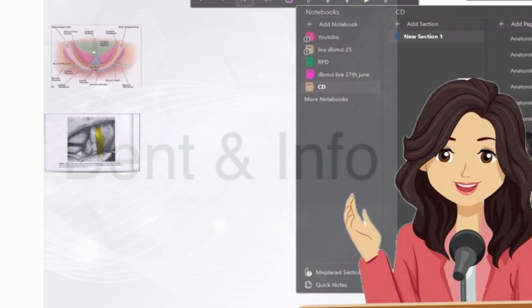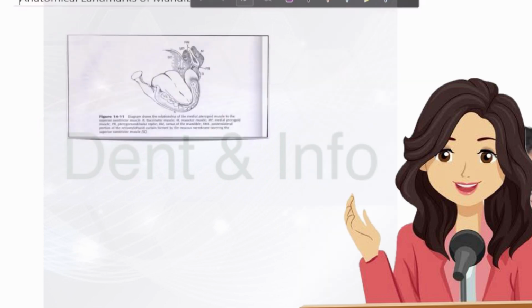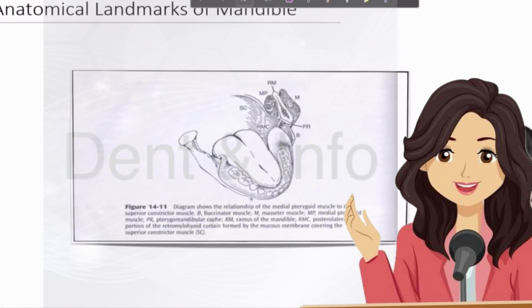And the another important thing that I'm discussing is this particular image. It is a very important image from your Boucher's to understand the three-dimensional placement of muscles and ligaments which are present. So let us try to understand that. This is your mandible and your mandibular denture that you are seeing, at the posterior border of this denture, right?